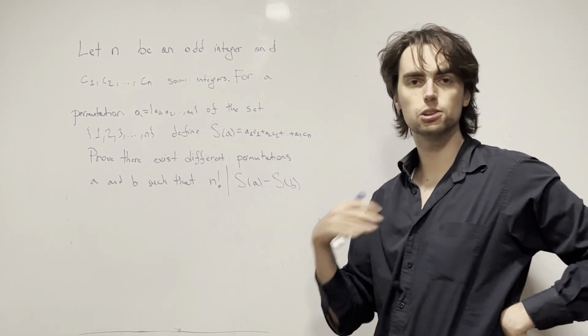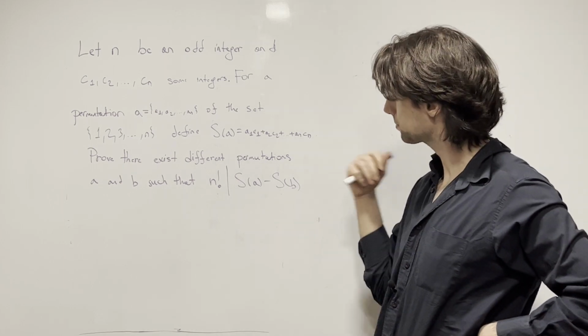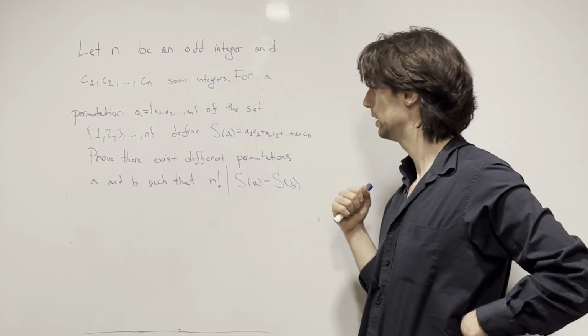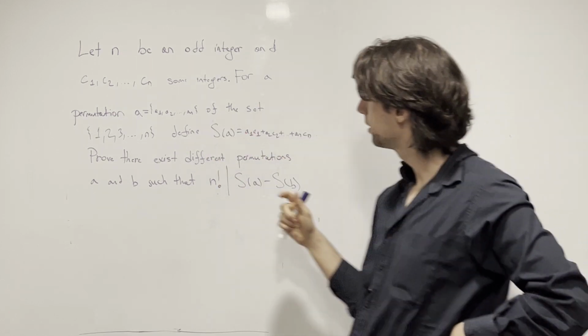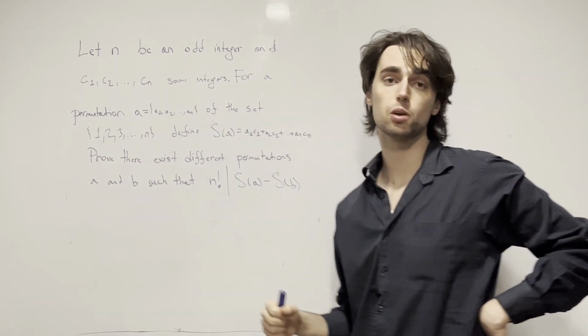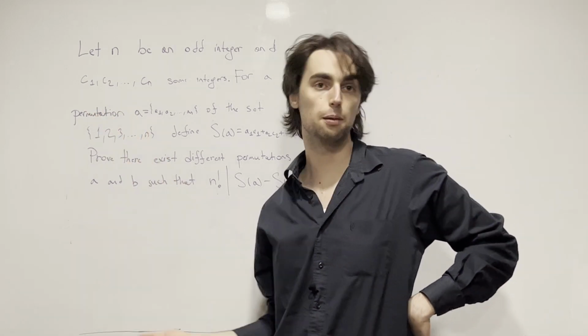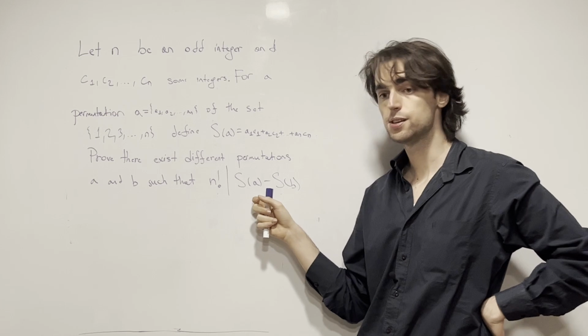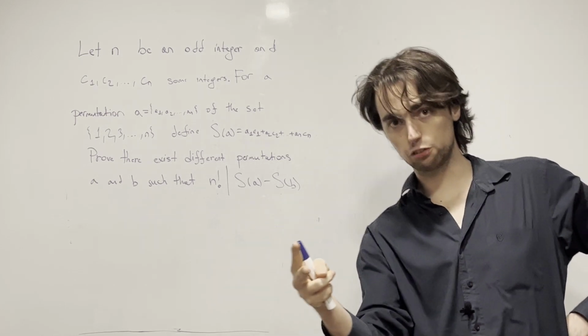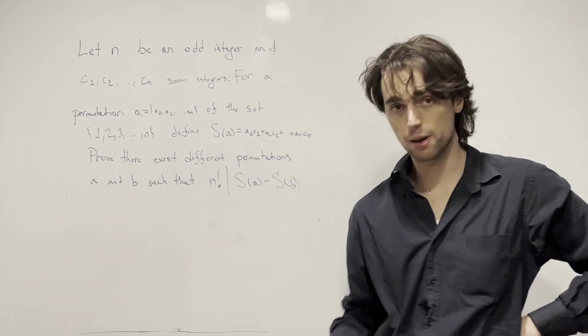Now what is the first thing to do? Well, this problem is really asking, how many permutations do we have of the set 1 through n? We have n factorial different permutations. So this is really saying, prove that there exist two permutations which are the same modulo n factorial.